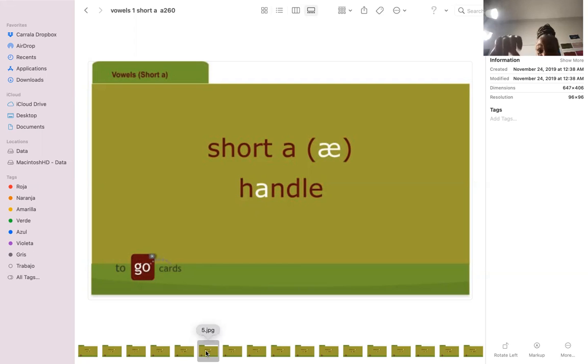I don't know what to call it other than a handle, right? And it allows you to carry that handle, but it comes from the word hand. Ban, if I were to put an E, bane, but there's no E there.